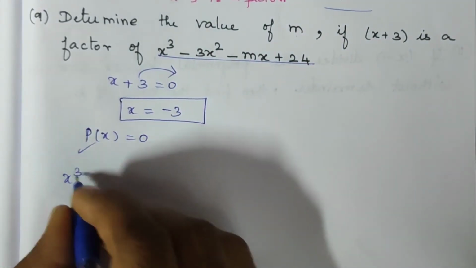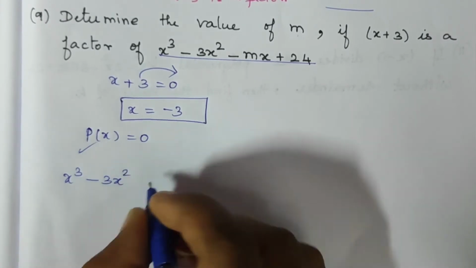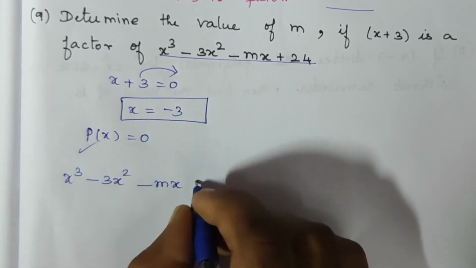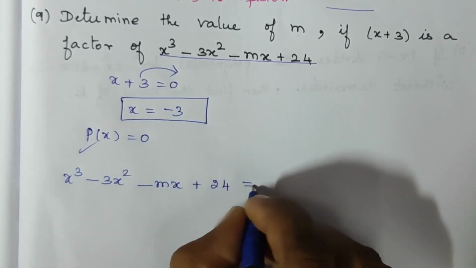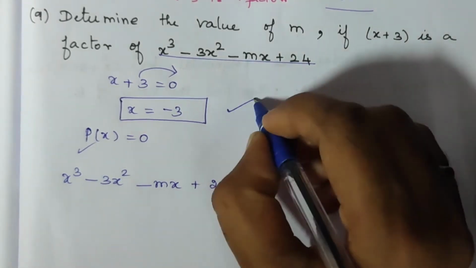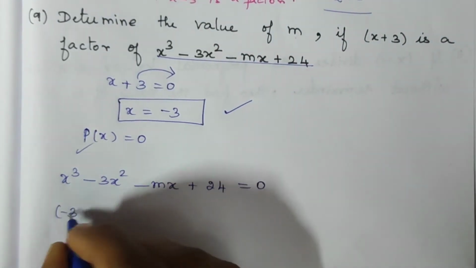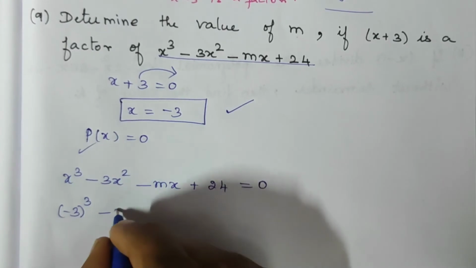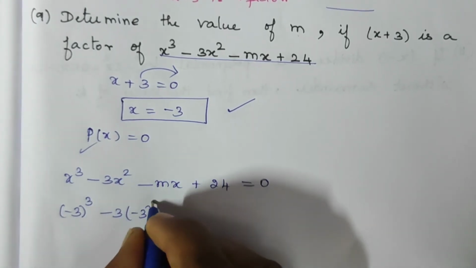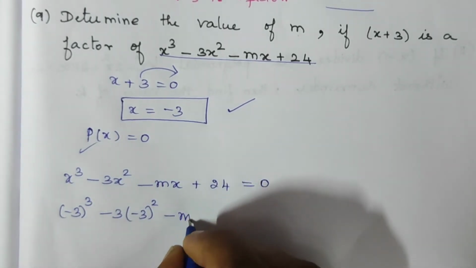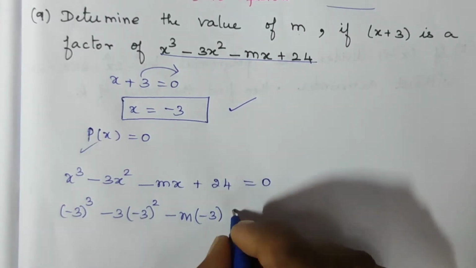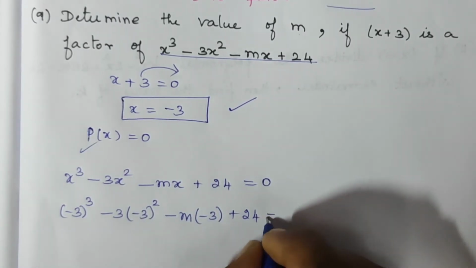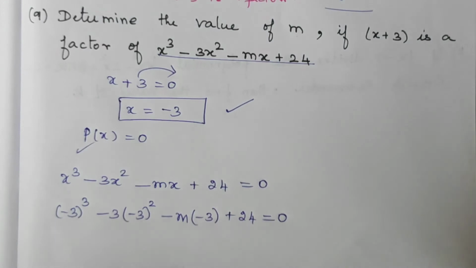So x cube minus 3x square minus mx plus 24 is equal to 0, and x is equal to minus 3. So minus 3 cube minus 3 into minus 3 square minus m into minus 3 plus 24 is equal to 0.